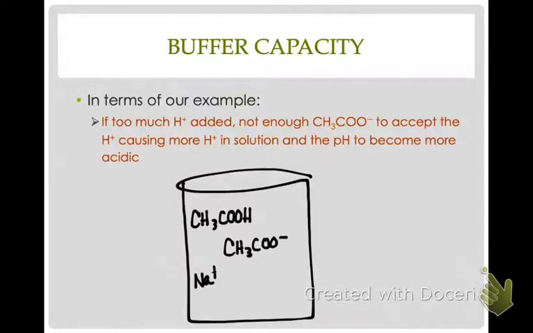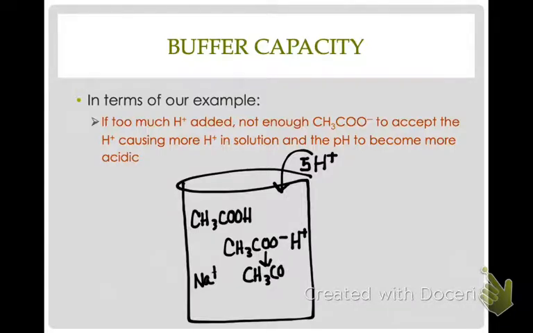Now let's just say in this particular solution we're going to add way too much of the hydrogen ions, or the acid. Let's say we add 5 hydrogen ions to this solution. Well, you see I only have 1 ethanoate ion. So one of those 5 hydrogen ions could be used up here to form the ethanoic acid.